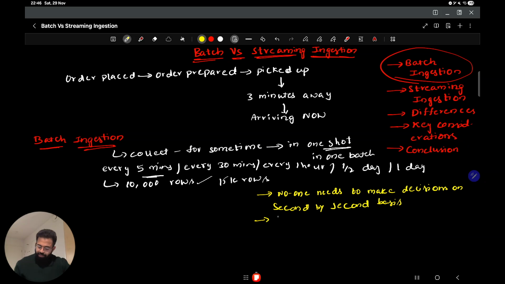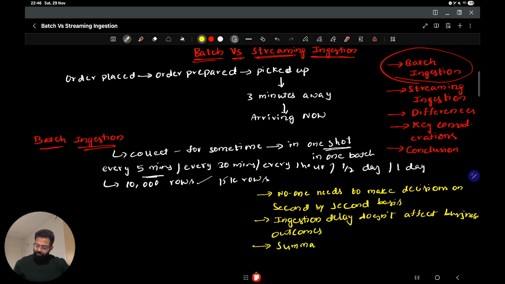Then batch ingestion works well. And also when all you need, or all the business people need, is summary or aggregated data.